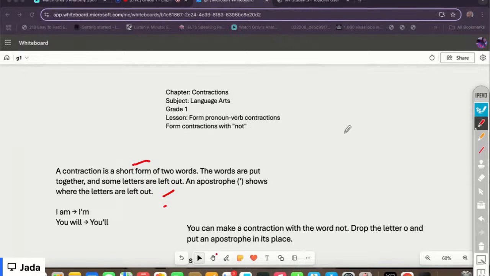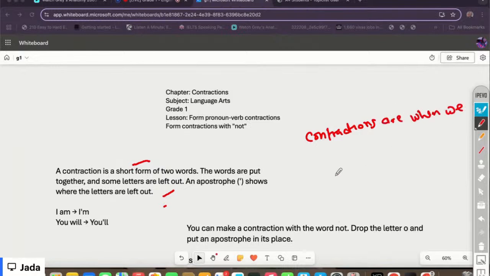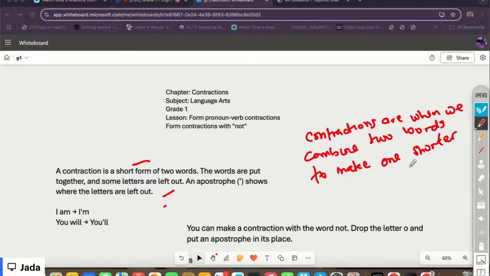So first you have to note that contractions are when we combine two words to make one shorter word. Okay? So a contraction is when we combine two words to make one shorter word out of the two.